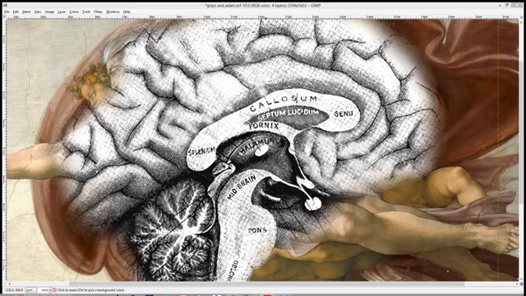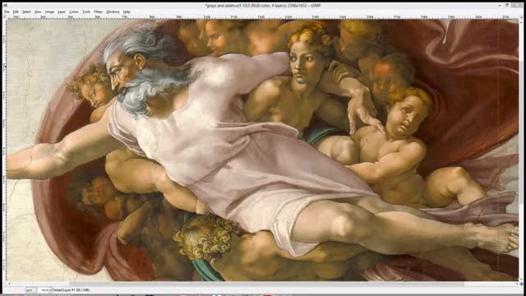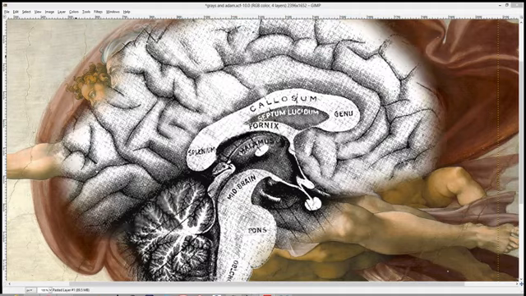Now, if you remember, on top of God's robe, there's this fold that you see right here that stops right on his hip, okay? And what that actually is, is the fornix.